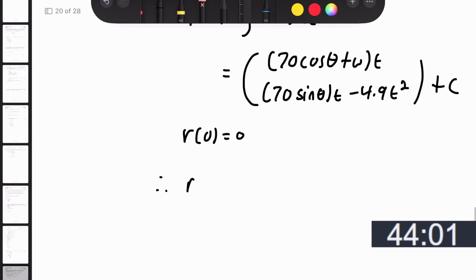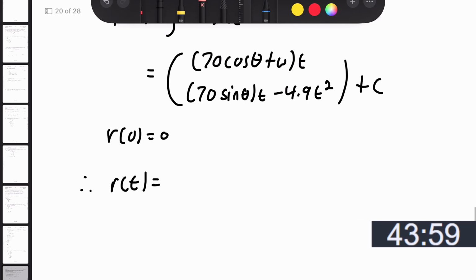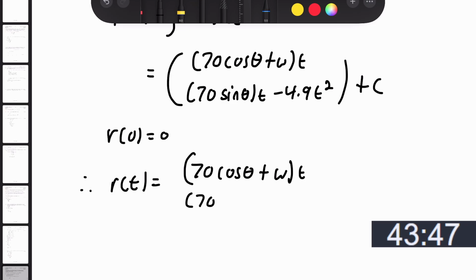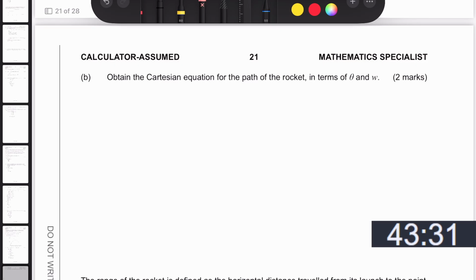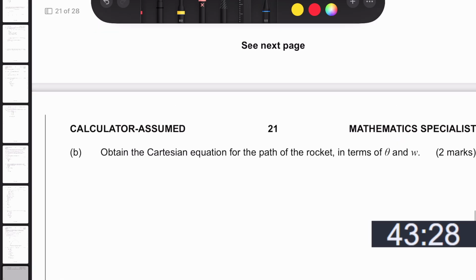And so r of t is equal to ((70 cosine of theta plus w)t, 70 sine of theta t minus 4.9t squared). Alright. Obtain the Cartesian equation for the path of the rocket in terms of theta and w.